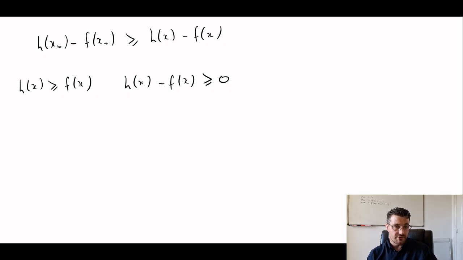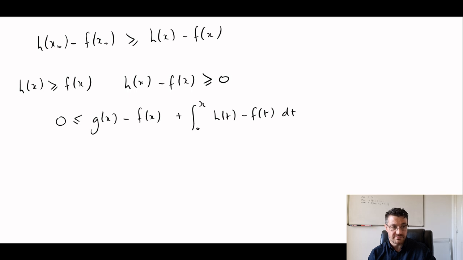So, going back to the result from part 4, h of x minus f of x is equal to g of x minus f of x plus this integral. Then I get 0 is less than or equal to g of x minus f of x plus the integral from 0 to x of h of t minus f of t dt. And this is for 0 less than or equal to x less than or equal to a half, remember.